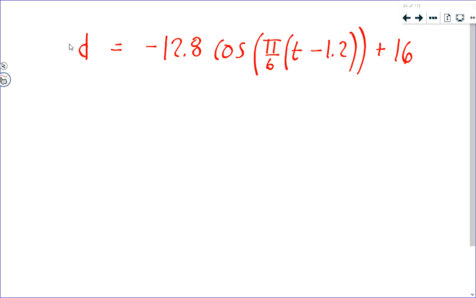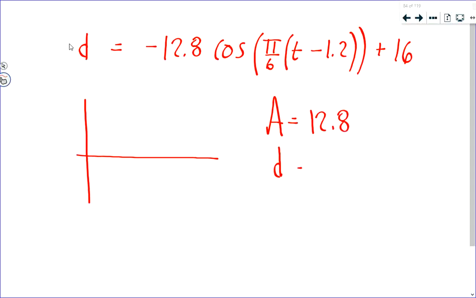In order for us to see one complete cycle on our graphing calculator so that we can do some work, you have to know a number of things. So for example, the amplitude is 12.8. The vertical displacement is 16. The period is 2 pi over b, which is 2 pi over pi over 6.